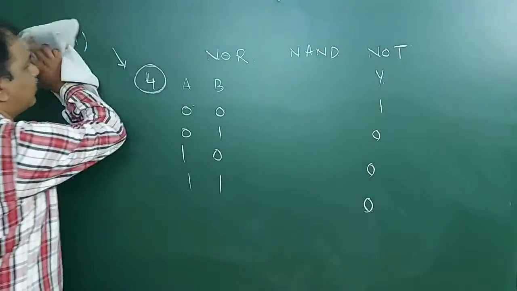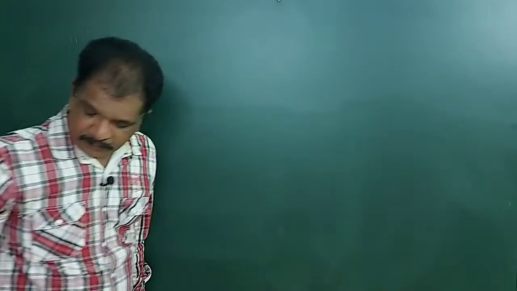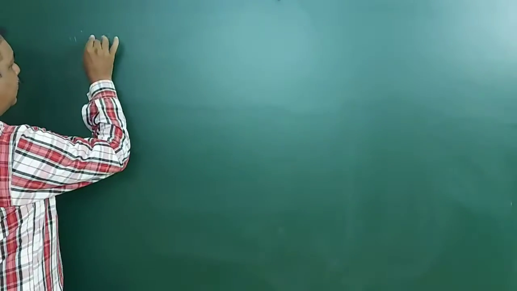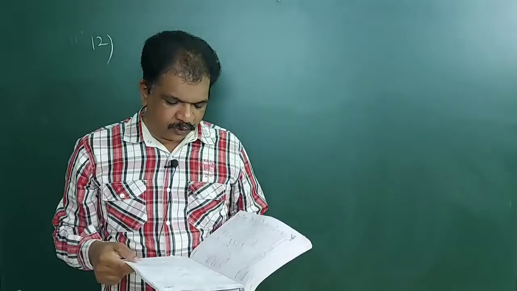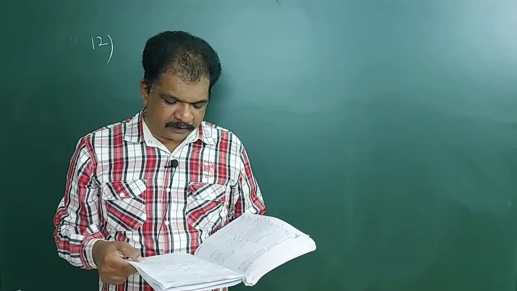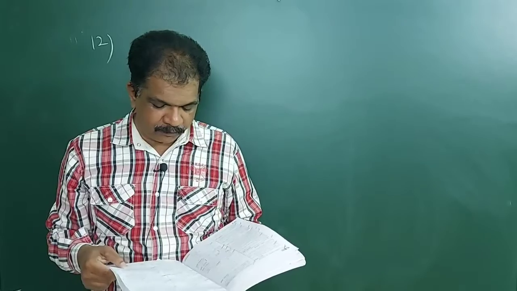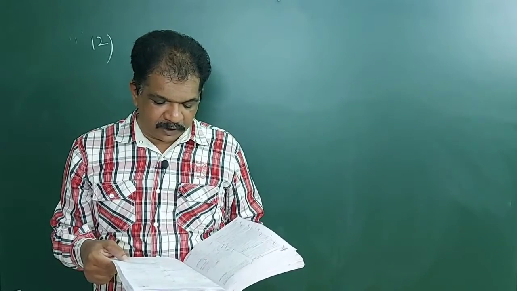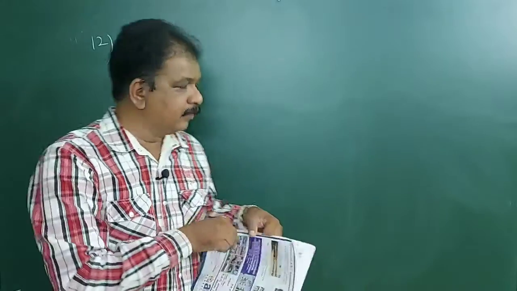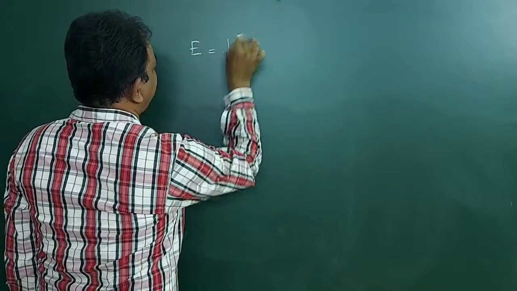Next, 12th question. What they are asking, see, 12th one. A photodiode is made of a material with band gap of 2 electron volt. Minimum frequency of the radiation that can be absorbed by the material: E is equal to h nu.